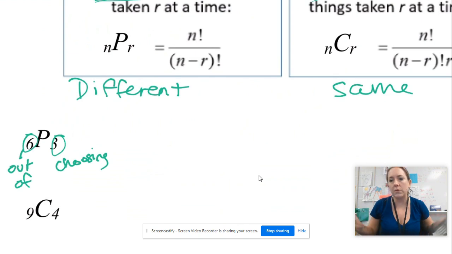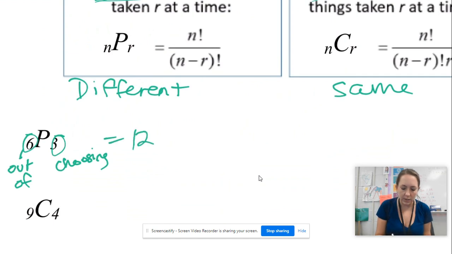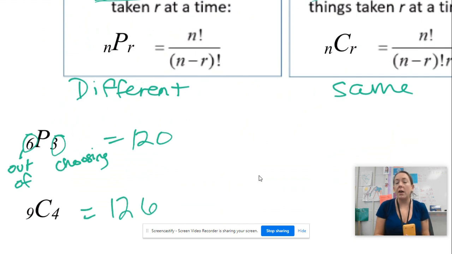So different options, however you want to do it. But anyway, doing that, there's 120 different options, and you can do the same thing with a C. 9 and 4. And again, if it says error, it is because you put the numbers in the wrong spots. Always. That's always what it is.